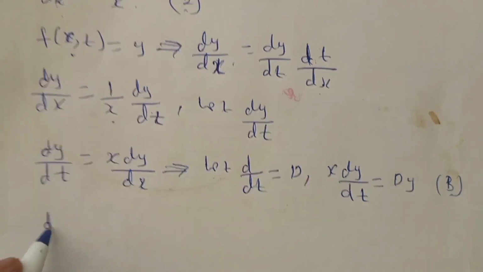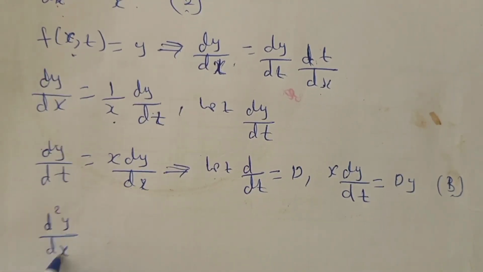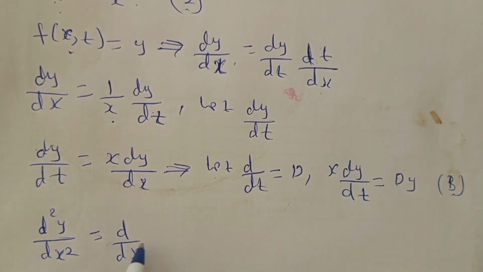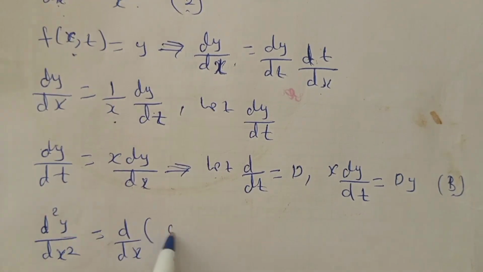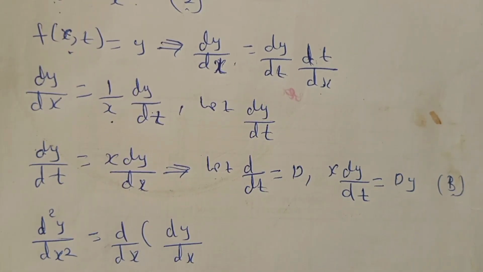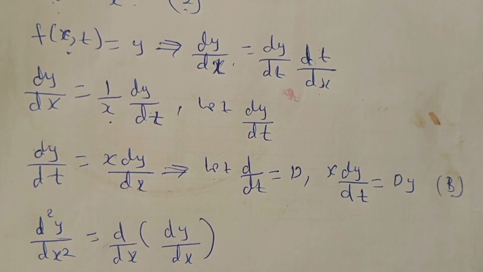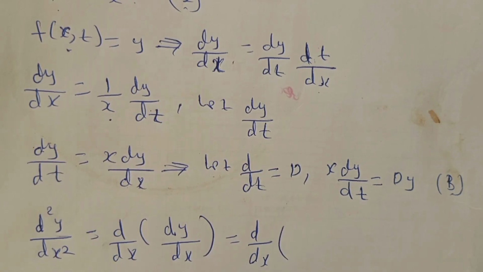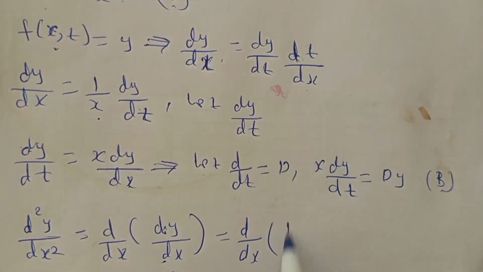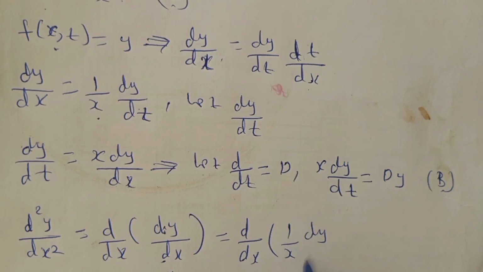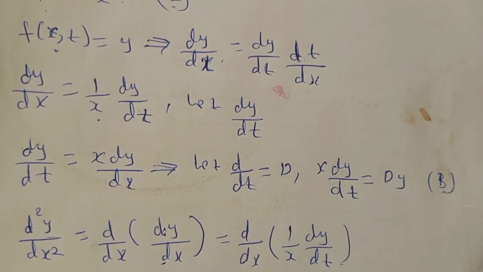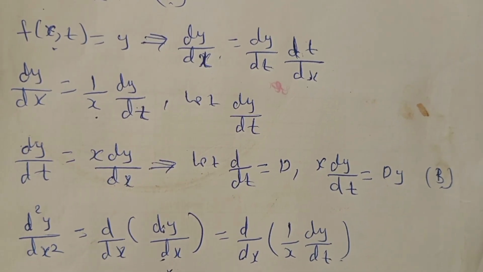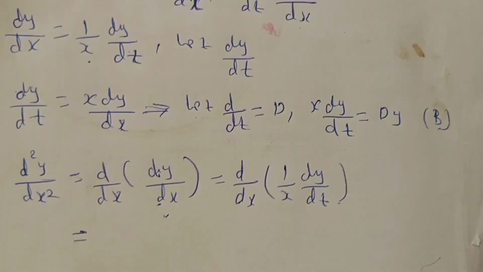Then the second derivative of y with respect to x can be written as d over dx of dy over dx. We substitute the value of dy over dx here, which is 1 over x dy over dt. Then we differentiate that part, and when we differentiate, we obtain the following.